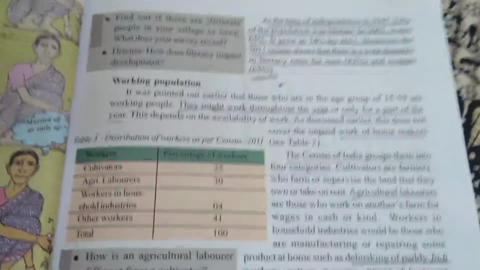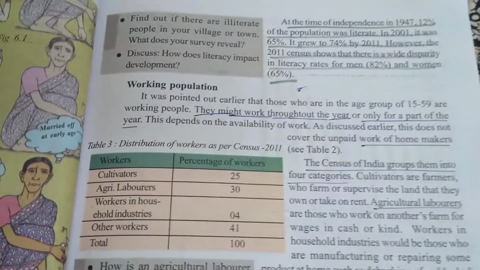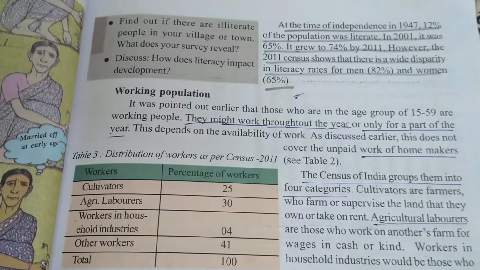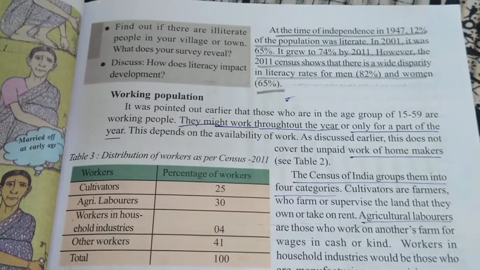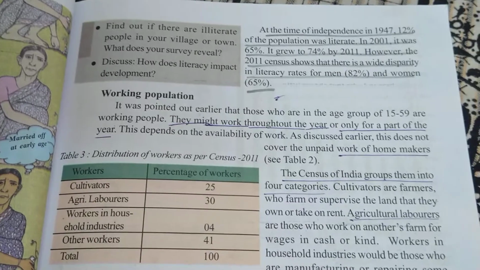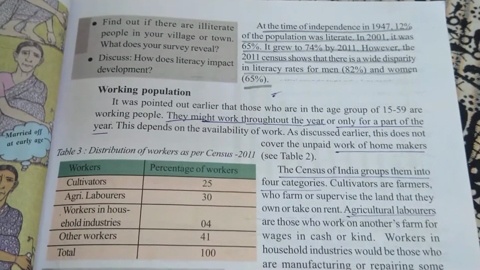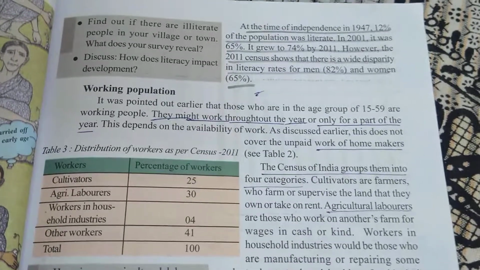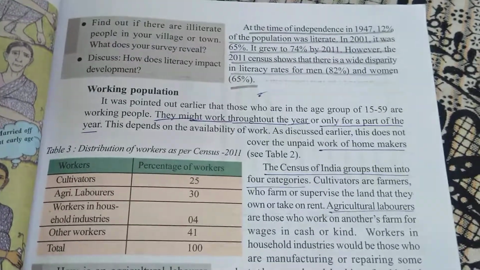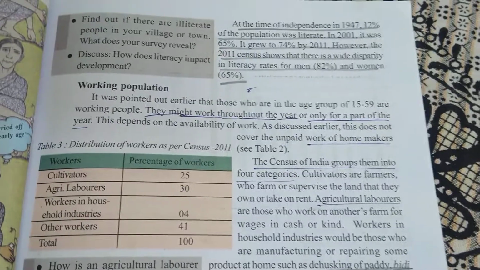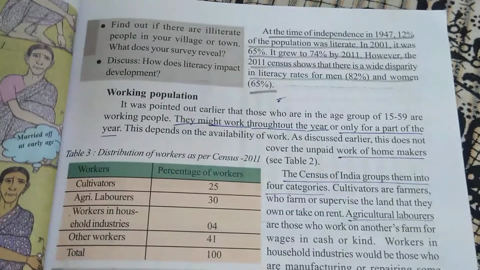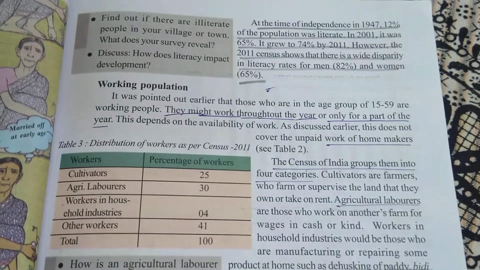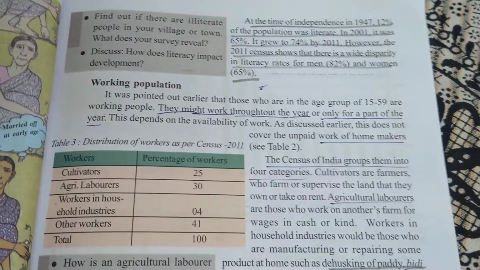Cultivators are those who have a piece of land and are engaged in agriculture, or who can supervise and cultivate lands. Either they have their own lands or sometimes they take lands from landlords on rent or on lease and do agriculture. These are also called cultivators.